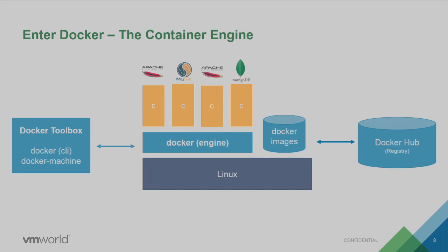So enter Docker, and Docker's really the name of the game in this field right now. So the way it works out of the box, like I said, you can download this Docker Toolbox. You have this Docker engine. All of the containers and images are stored out on Docker Hub.